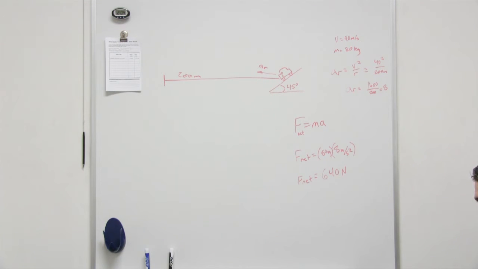We don't need it. How come we didn't really need to do our force diagram for this problem? Because we could solve for acceleration directly, and then multiply that times mass to get the resultant force.